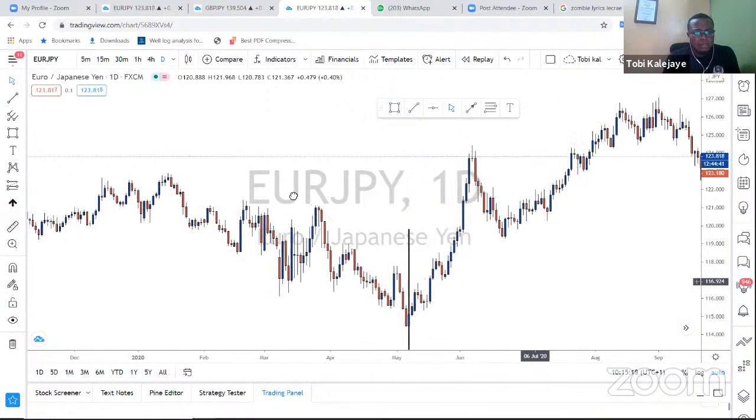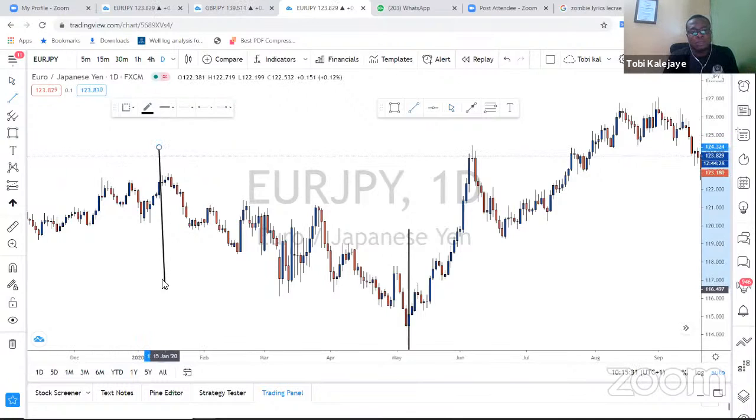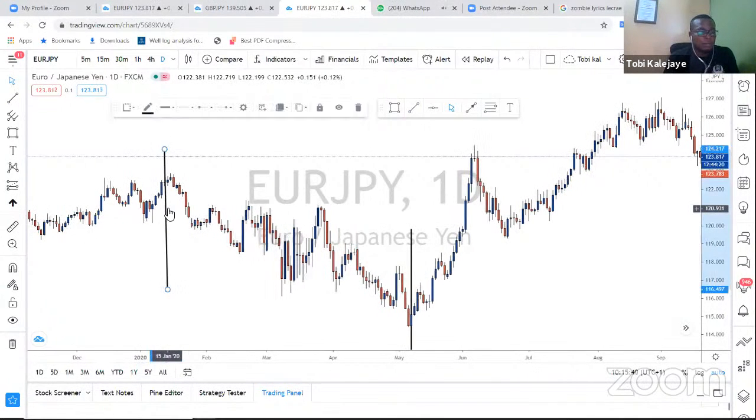On the other hand, if structure doesn't say that, I want to focus on whatever structure is doing. So I don't try to say, is it overbought or is it oversold, at what point is it going to start going back? No, except what I see by marking out my demand and supply levels.